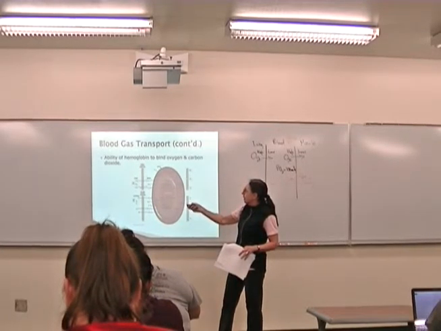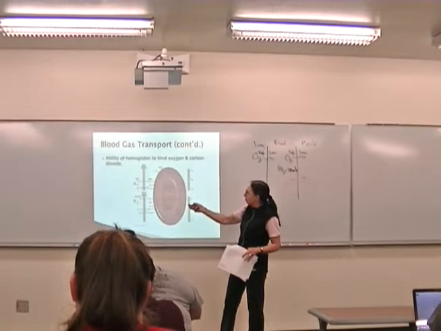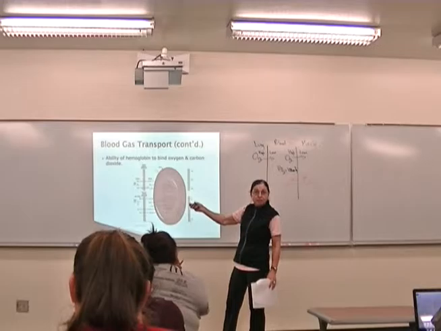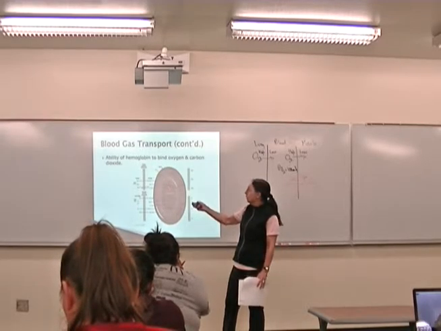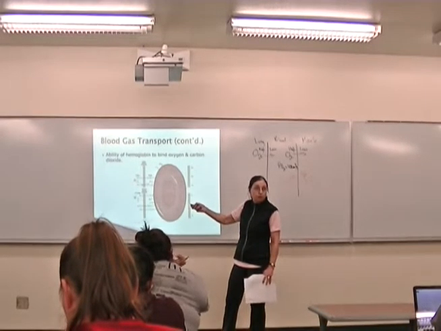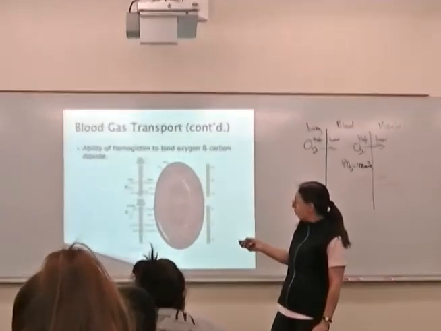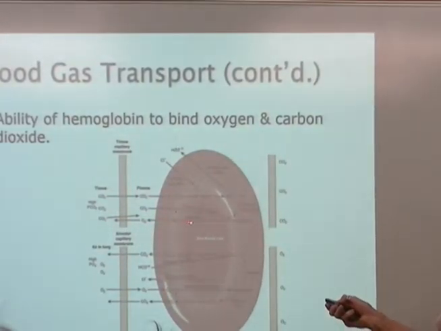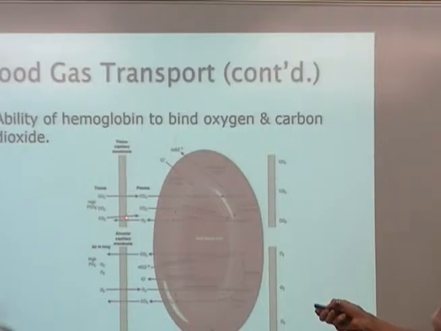Okay? Here's my carbon dioxide in my tissue. Carbon dioxide does dissolve in plasma, but hemoglobin also can pick some carbon dioxide up. Here's my oxygen, and I'm going to move my oxygen off the red blood cell and into the tissue. All right.